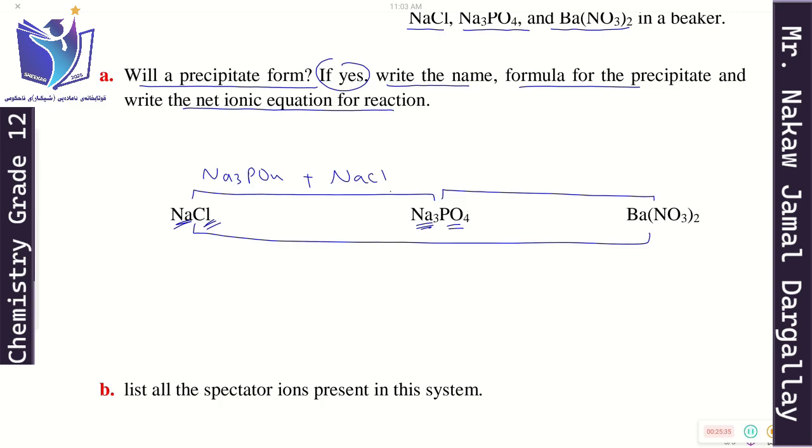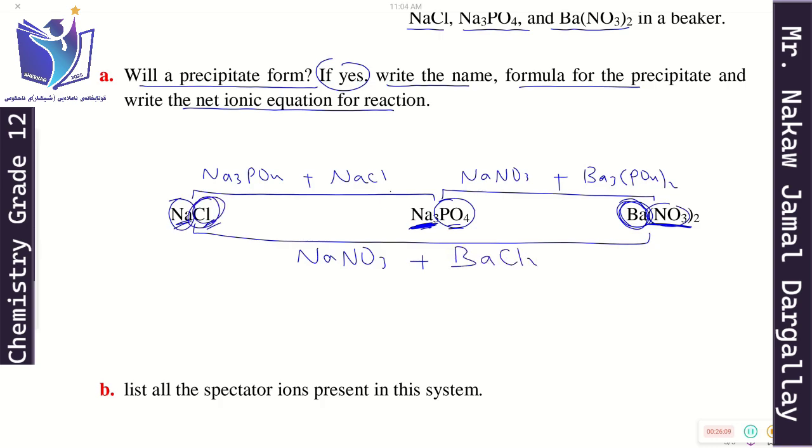Reaction between the second and third salt: Na with NO3 produce NaNO3, Ba with PO4 produce Ba3(PO4)2. And the first one with the last one: Na with NO3 produce NaNO3 plus Ba with Cl produce BaCl2.